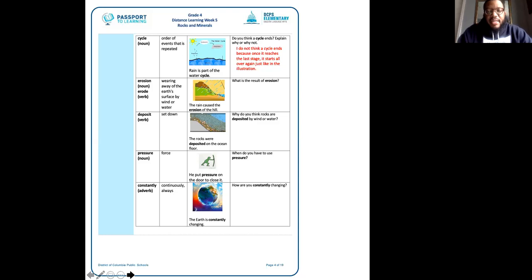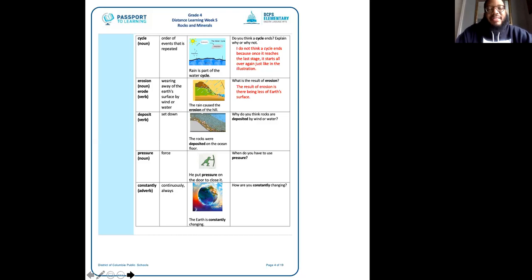The sentence there says, the rain caused the erosion of the hill. So when the rain started, parts of the hill started to wear away. So what is the result of erosion? The result of erosion is there being less of Earth's surface, just like there's less of the hill once it started raining.